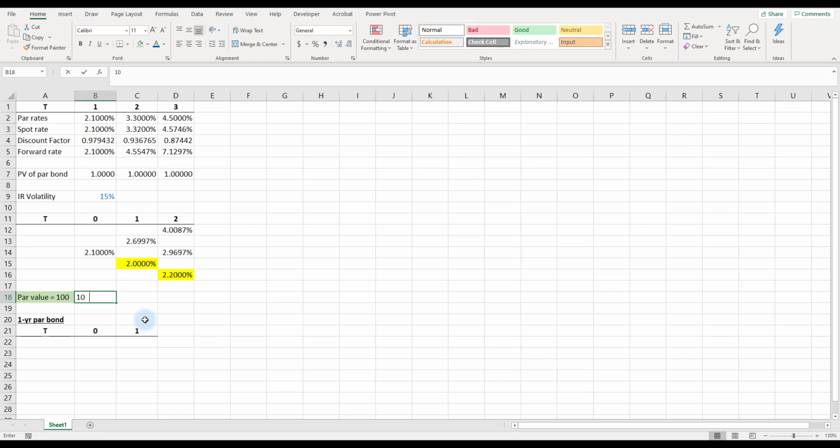Okay, maybe I should just enter 100 here. So the par value is equals to 100, and then plus of course the coupon. The coupon will be 100 times the par rate of the 1 year bond, which is 2.1%. So that will be 102.1. Okay, so that's the cash flow at the expiration.